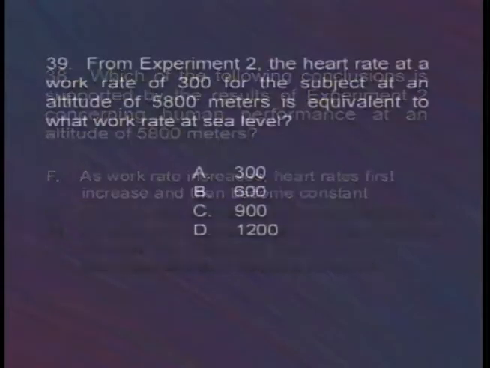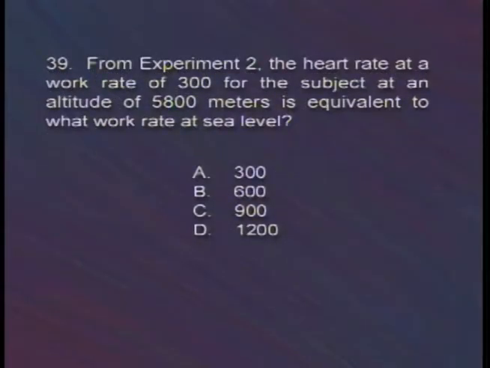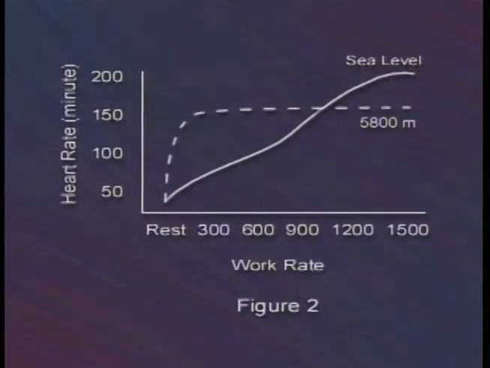Question 39. From experiment 2, the heart rate at a work rate of 300 for the subject at an altitude of 5,800 meters is equivalent to what work rate at sea level? Let's use figure 2. Locate a work rate of 300. Draw a vertical line that intersects the dotted line.